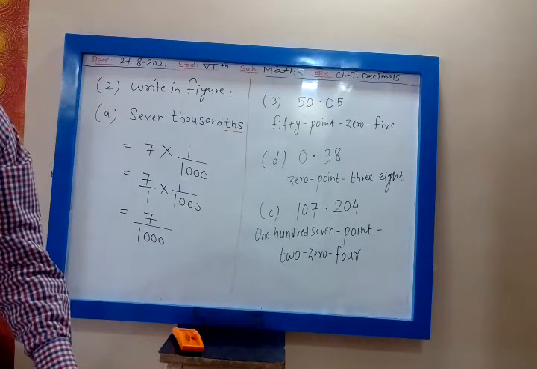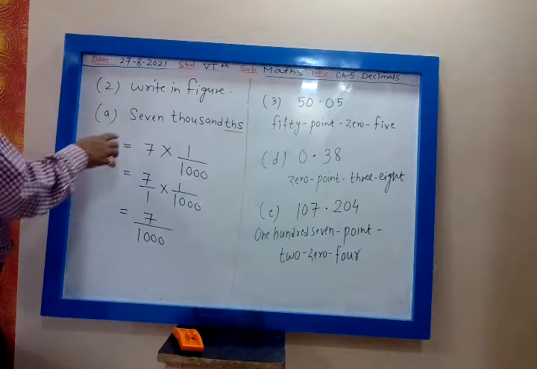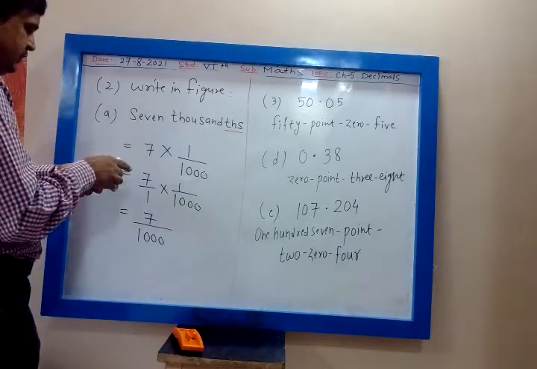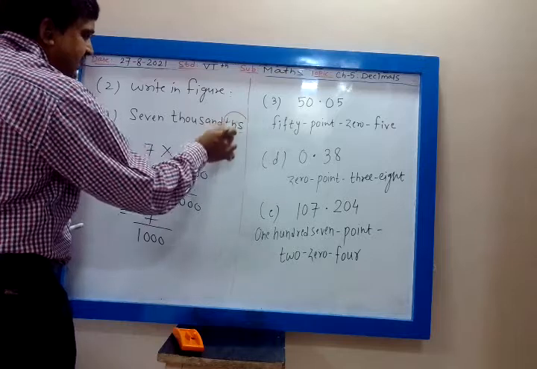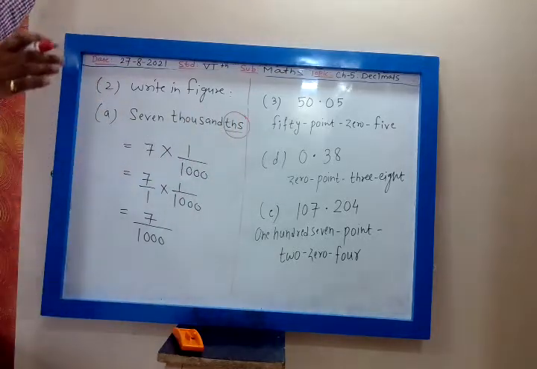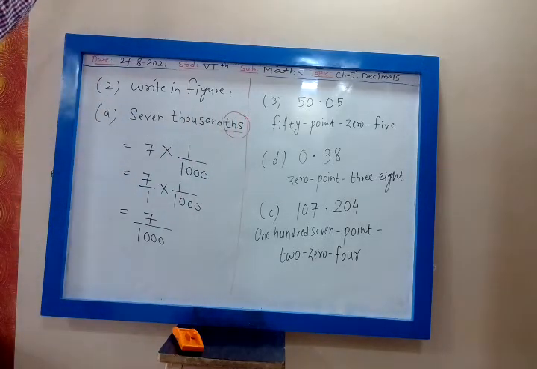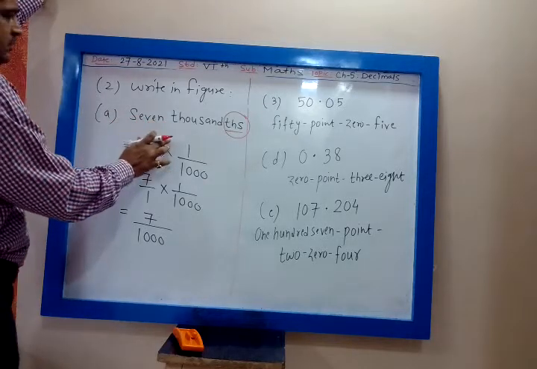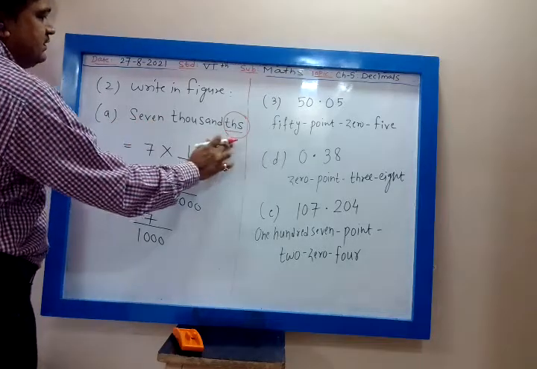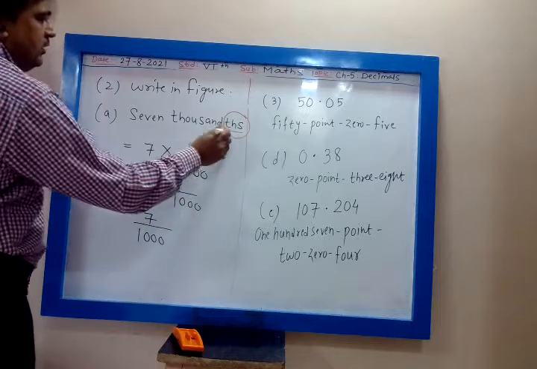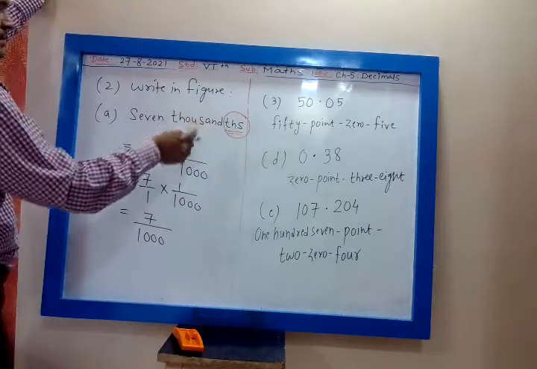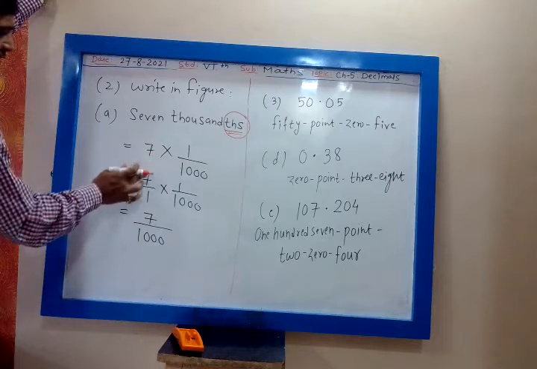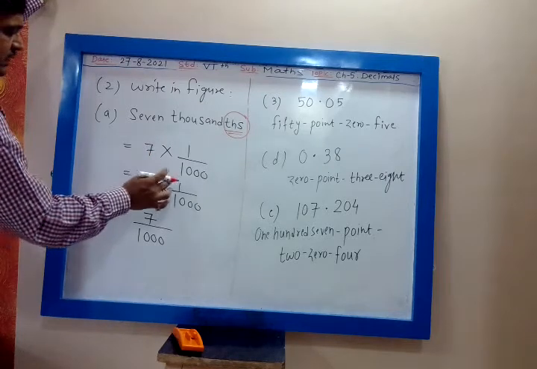One more time you want? Okay. Wait, my dear. 7 thousandths. You have to see the suffix. THS means it is the decimal part. So 7. Then what is the place value of thousandths? 1 upon 1000. Because of this THS, it is in the decimal. So 7 upon 1 times 1 upon 1000. This is multiplication of two fractions.